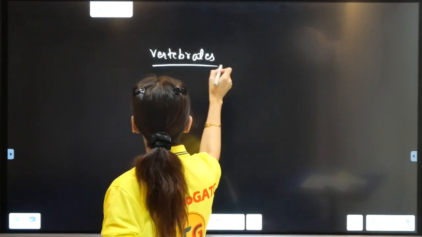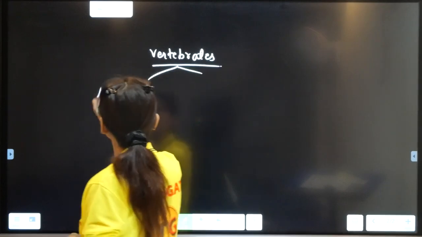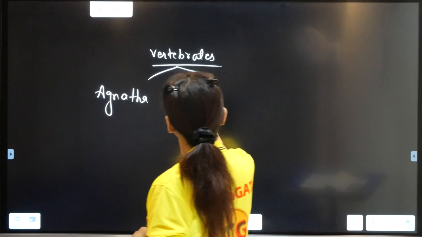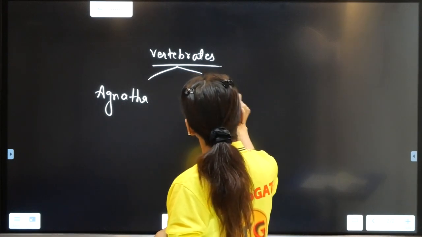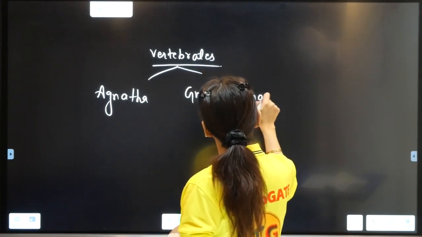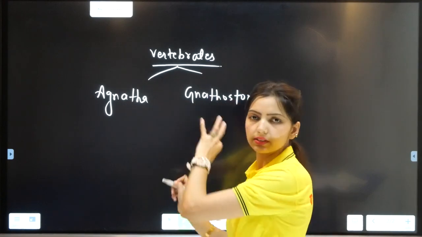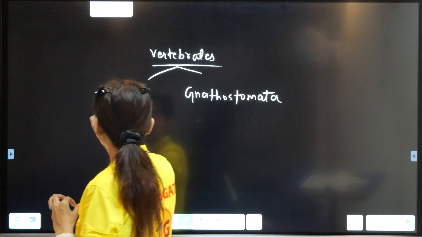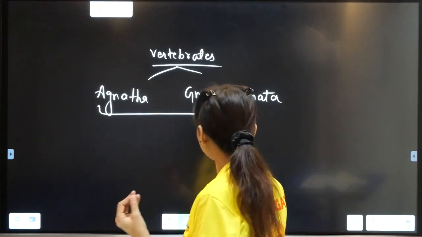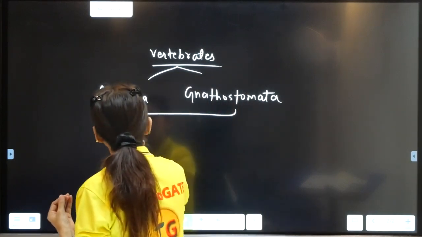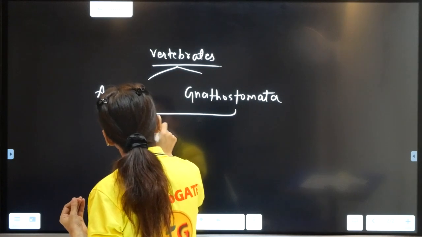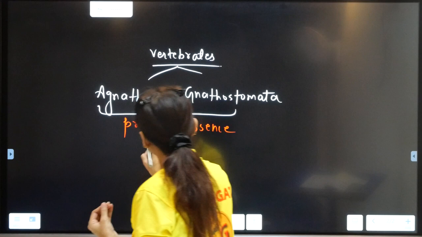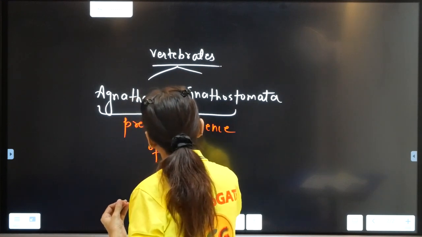Vertebrates are divided into two classes, agnatha and gnathostomata. These are the old things which we have already studied, we're just revising them quickly. Agnatha and gnathostomata are divided on the basis of what? On the basis of presence or absence of true jaw.